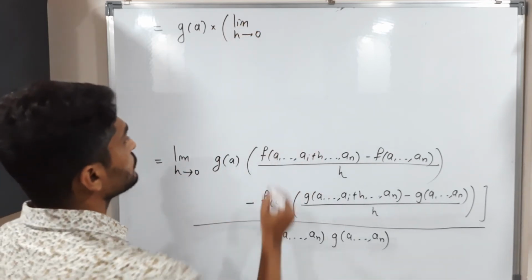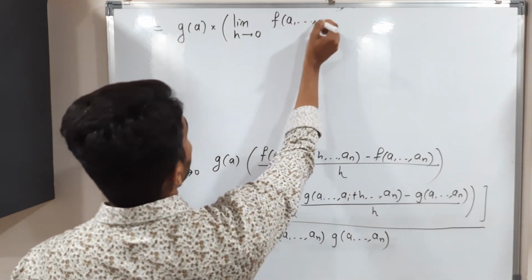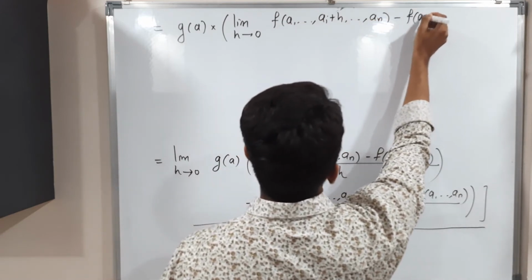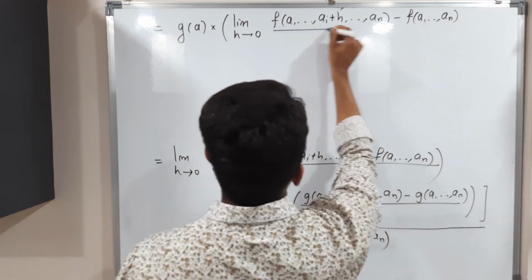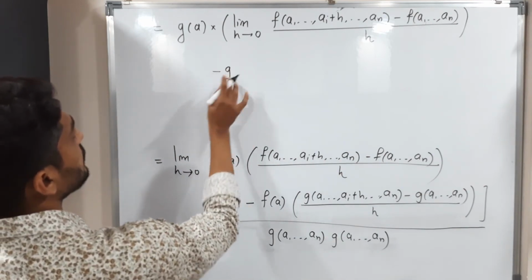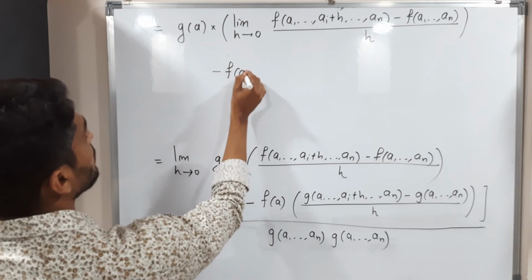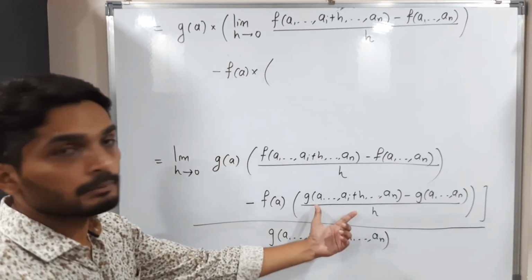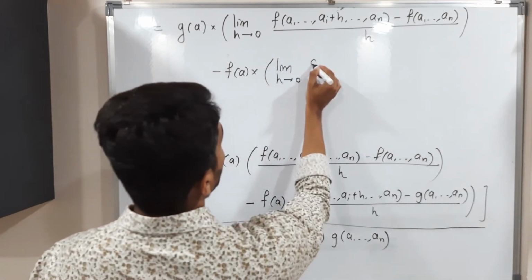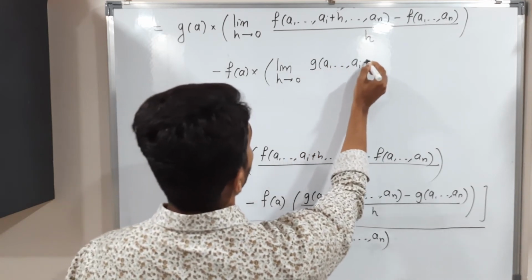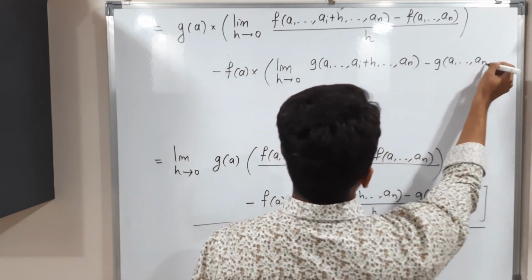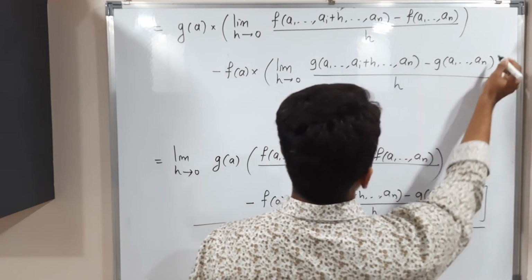I am applying limit h tends to 0. f of a1 and so on, ai plus h and so on, n minus f of a1 and so on, n divided by h, okay, minus f of a into, I have to apply the limit to this bracket also, limit h tends to 0 g of a1 and so on, ai plus h and so on, n minus g of a1 and so on, n divided by h, okay.